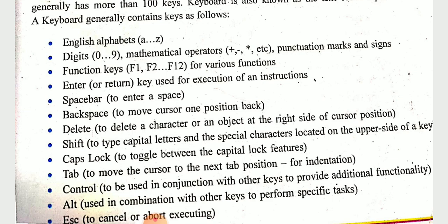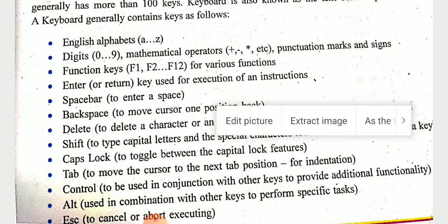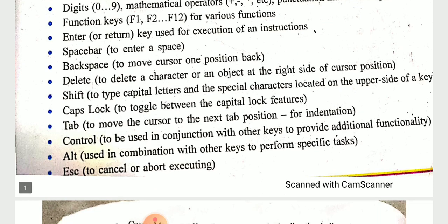Function keys. In our keyboard there are F1 to F12 function keys available. Then the enter key. Enter key is used for execution of an instruction. With the use of enter key, we move our cursor from one line to the next line.